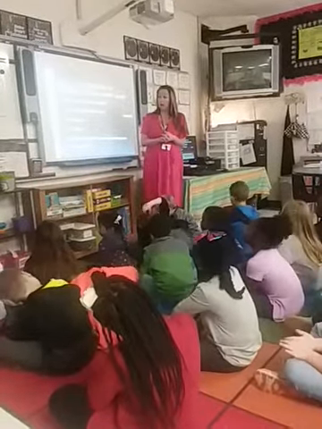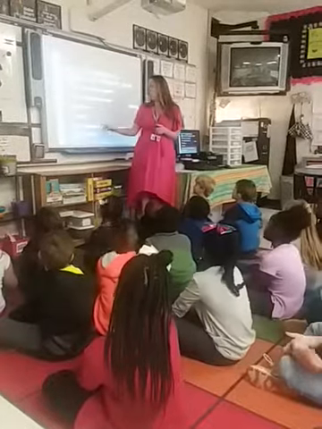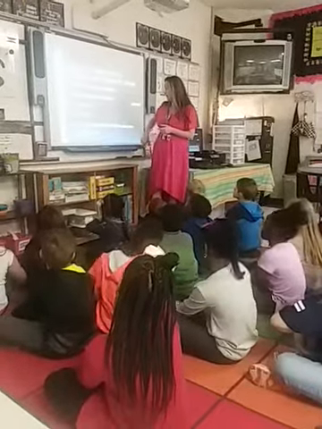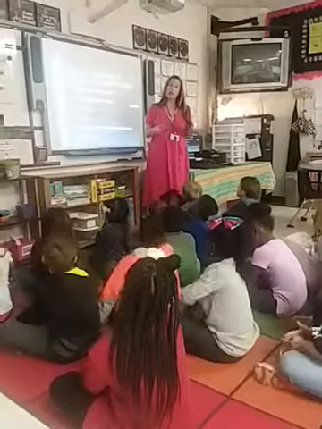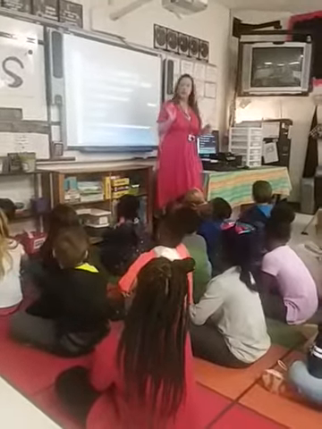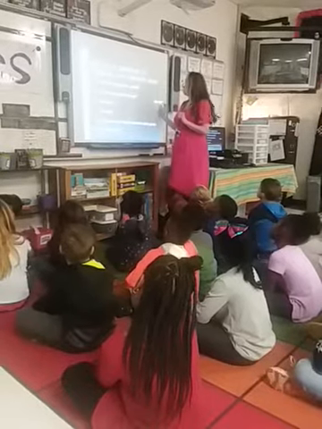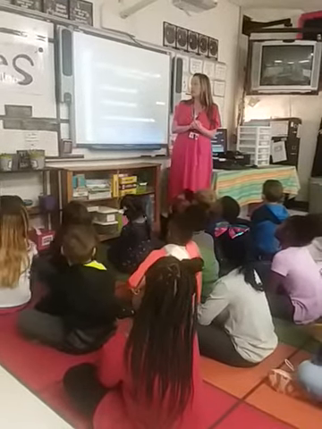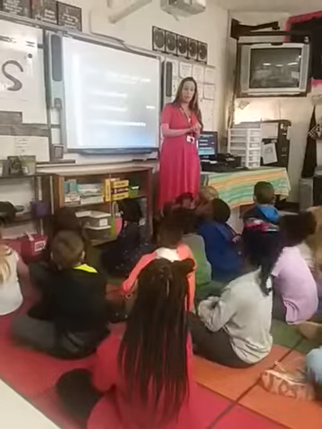So now this is what I would like for y'all to do. Your goal is going to be to organize and interpret the data given to you and create a graph, okay? I want you to look at the questions that you're going to answer after you interpret your data.